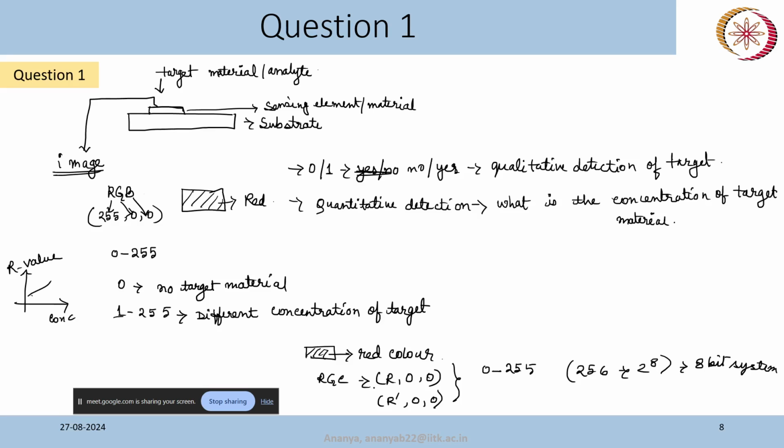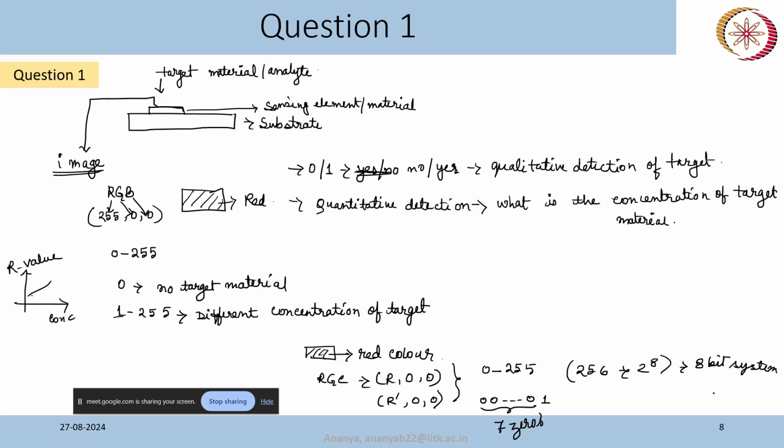The smallest difference between R and R dash will be 0000 0001, so there will be 7 zeros and 1. So this is the resolution of your system.